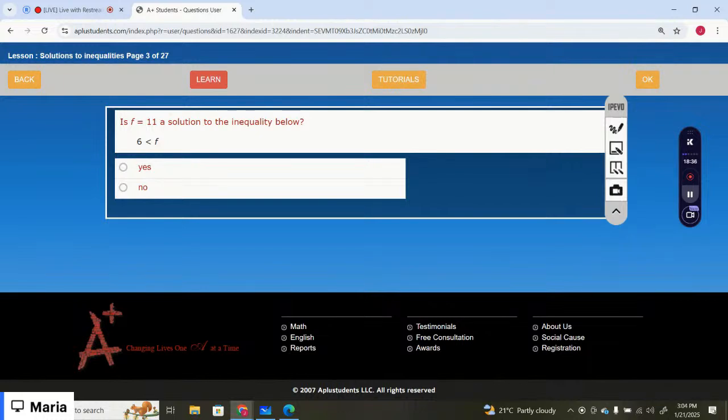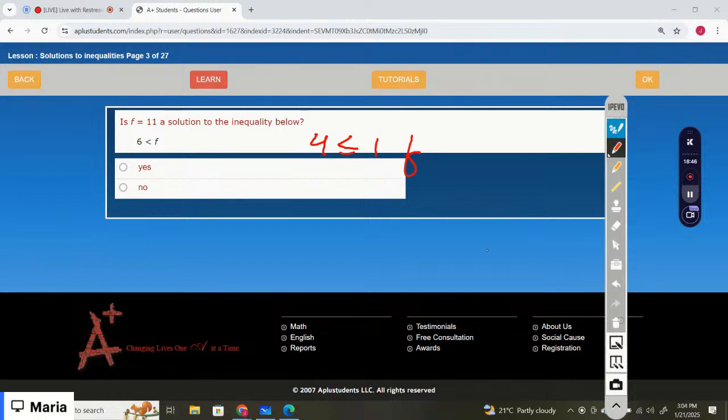Is f equals 11 a solution to the inequality below? Which is the correct option? 6 is less than 11.